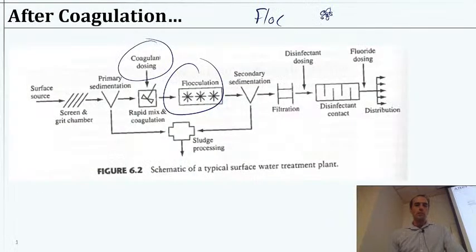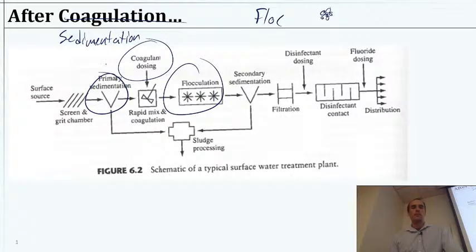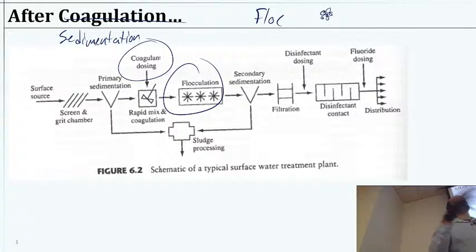After the first sedimentation, we get to coagulation dosing. So we've talked about primary sedimentation. Next we go into a rapidly mixed small chamber, just inject our stuff, and then send it to a larger chamber where flocculation is given some time to occur.